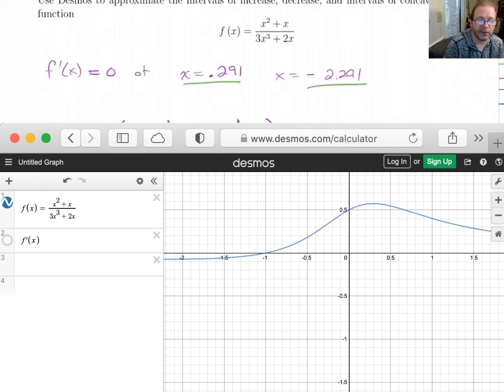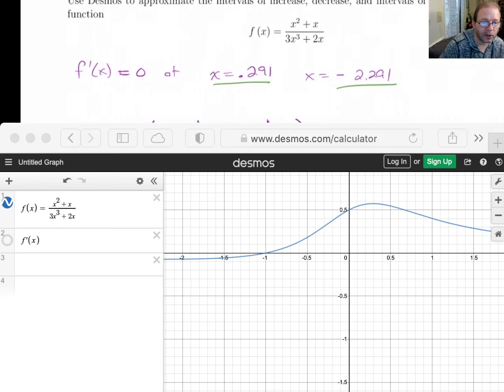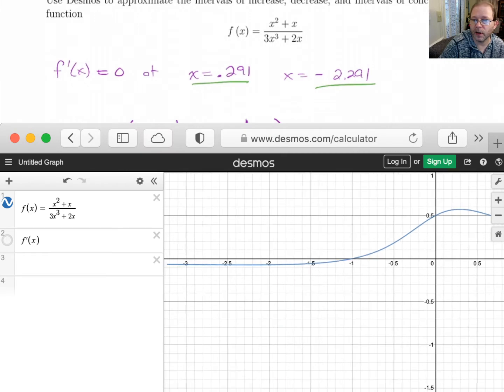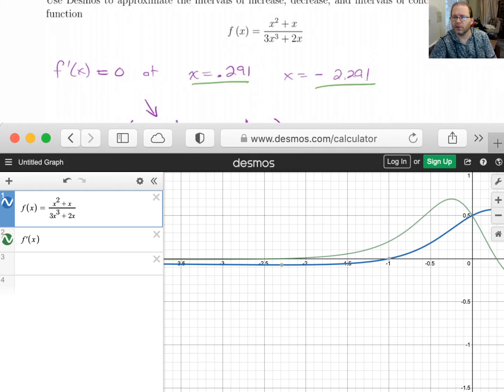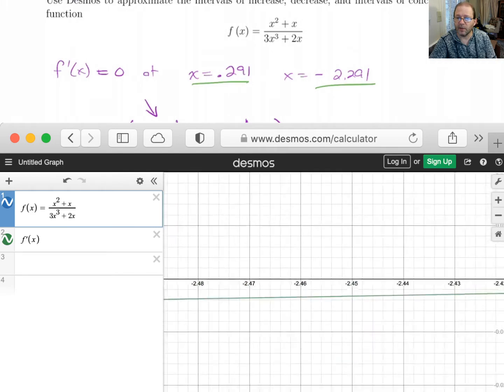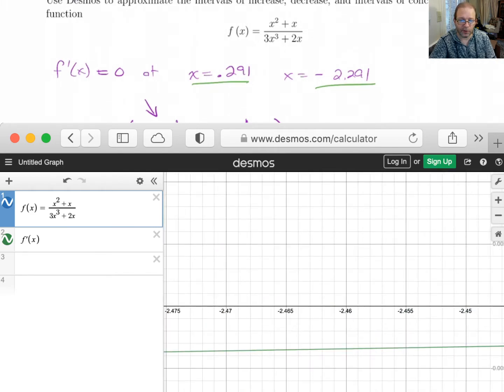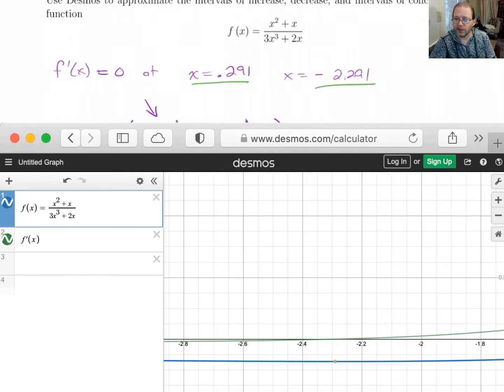And if you look at what the graph is doing back here, it's decreasing. That might be difficult to see. If we turn the derivative on and zoom way in, you can see that the derivative there in green is negative. So that tells us that this function is decreasing, even though it's hard to see because it's practically flat there. But it's decreasing until you get to here.